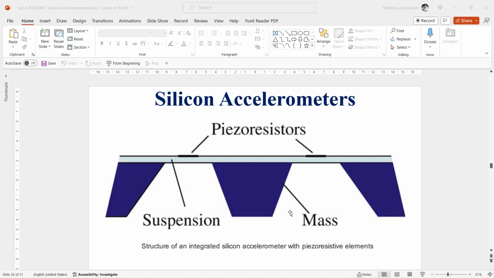We have here a piezoresistive accelerometer, and they consist of a seismic mass suspended on flexible beams.